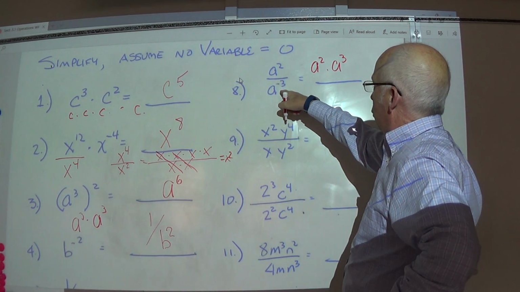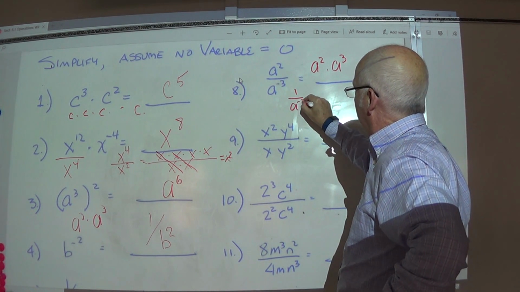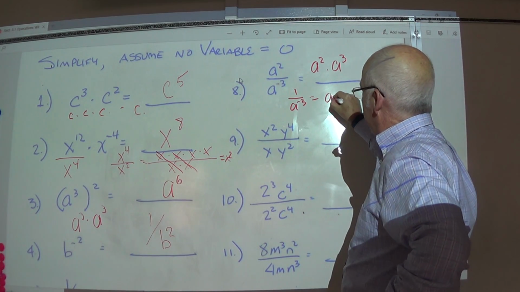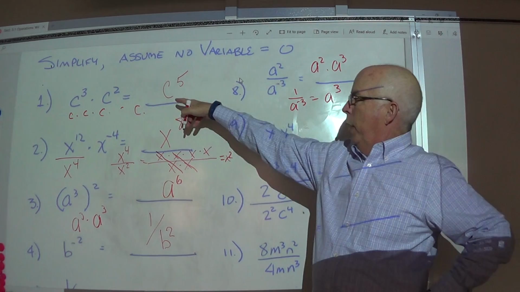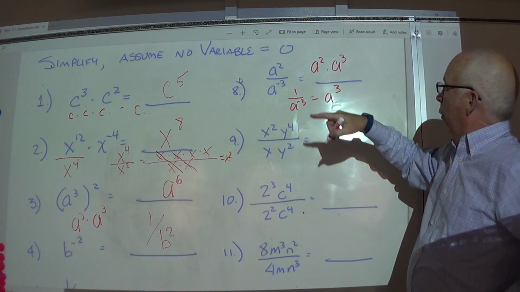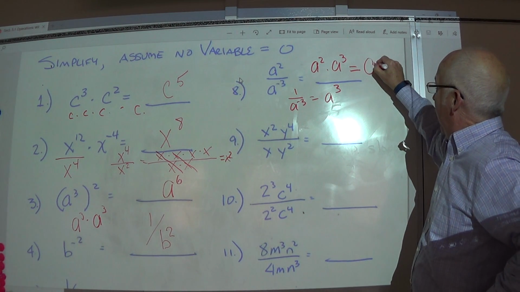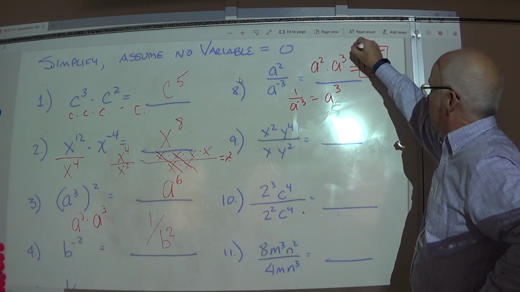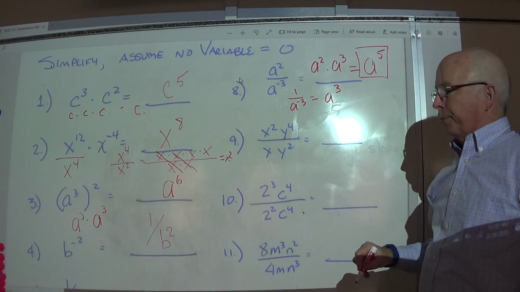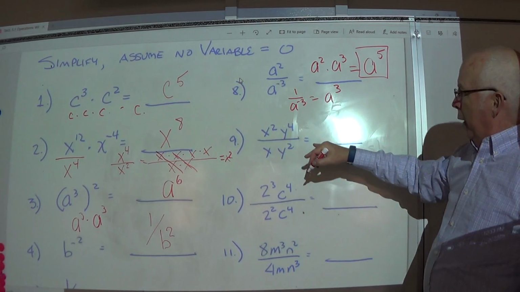Because all we did is take the reciprocal of 1 over a to the negative 3rd, and that is equivalent to a to the 3rd power. So now we're in a similar situation as number 1. We just add those 2 exponents, so our final answer is a to the 5th. Hope that makes sense. Moving on to number 9.